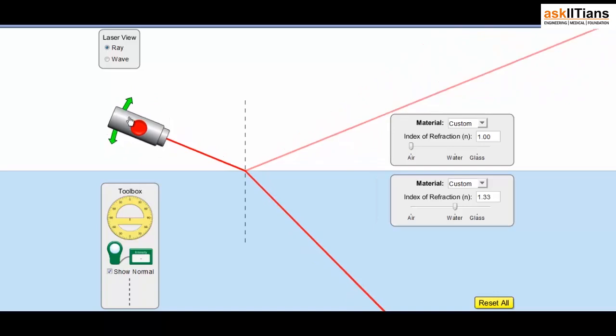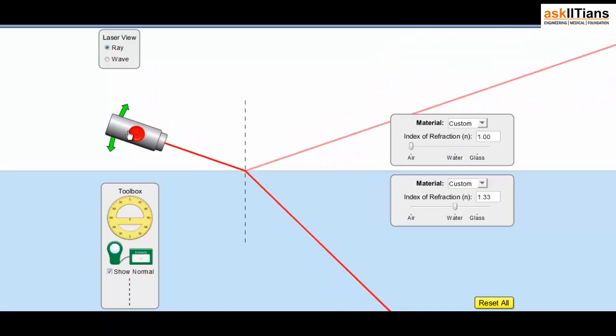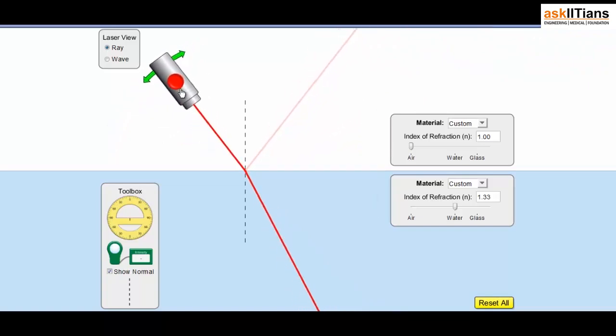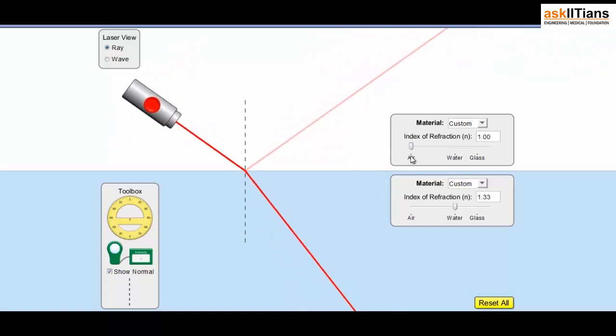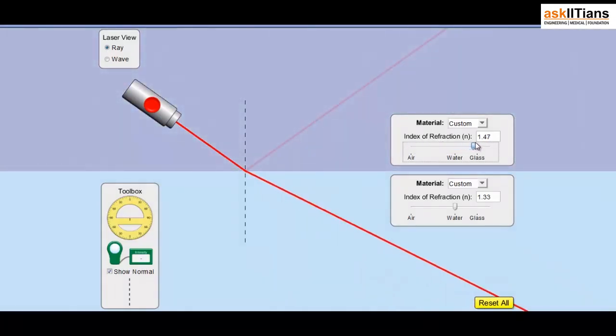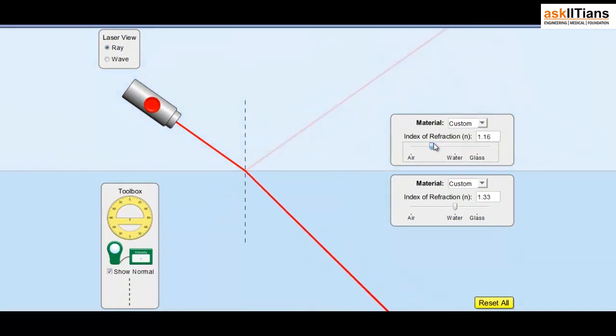If I play around with this, that is, increasing the angle with the normal, decreasing the angle with the normal, correspondingly I have a different situation. Over here I have the index of refraction n for the material. I'm changing the refractive index, and this is what happens. You can clearly see the medium in which the light is actually traveling.